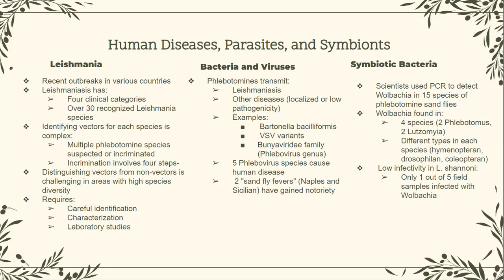The types of Wolbachia found in each species were different, suggesting that they came from different sources. But only 1 out of the 5 field samples of Leishmania vectors was infected with Wolbachia, indicating that this bacteria is not highly infectious in these species.